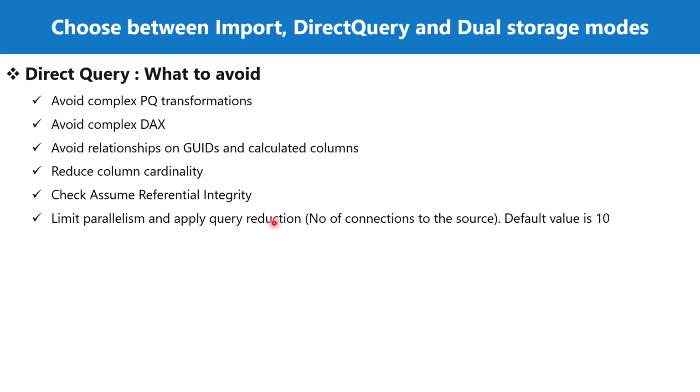You have to make sure that you do not open too many connections, because as you are connecting directly to a data source, if for any reason one of the connections becomes slow or is returning data late, then it can reduce the overall query performance. So this is again something that you need to avoid, especially if you are using the direct query storage mode.